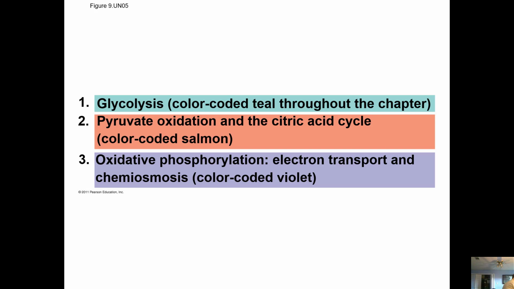Your book does a pretty good job of this, but your book does have a few images that might scare the heck out of you, like the one on the bottom of this page here. We're not going to memorize every step of these processes, okay? That's for organic chemistry and courses like that. That's not what we do here. We're going to look at the inputs, the outputs, and some of the primary ideas involved, like redox reactions.